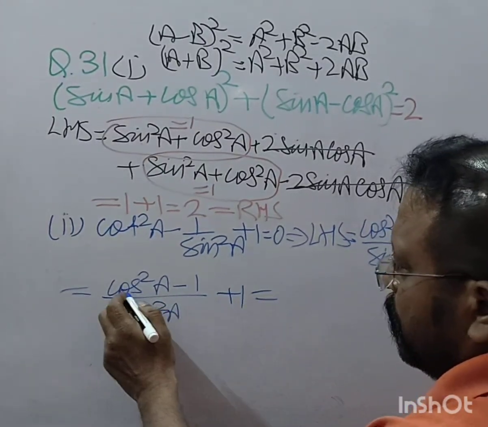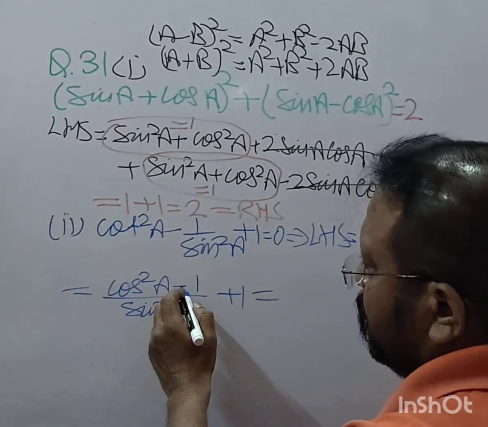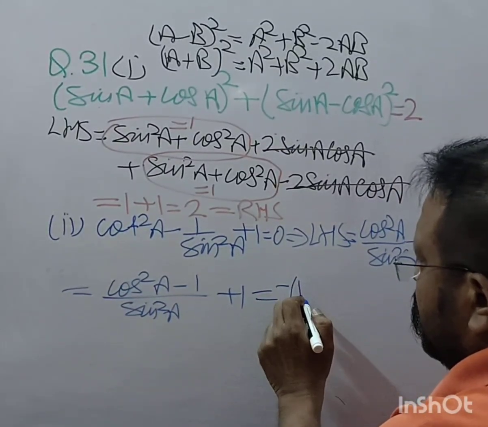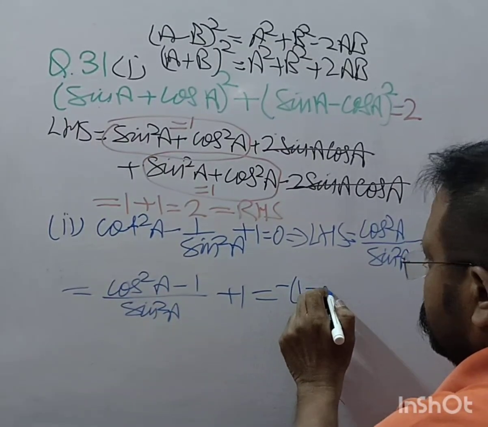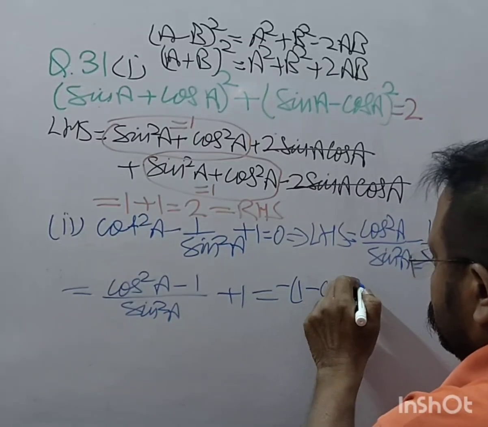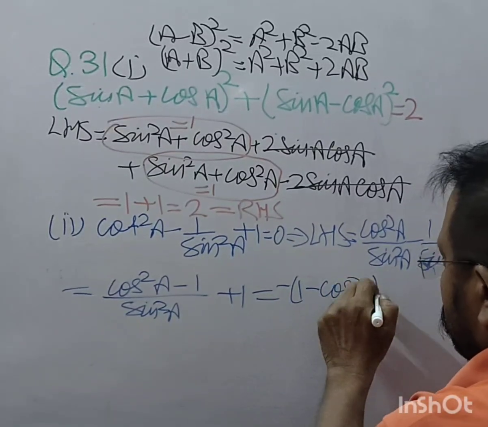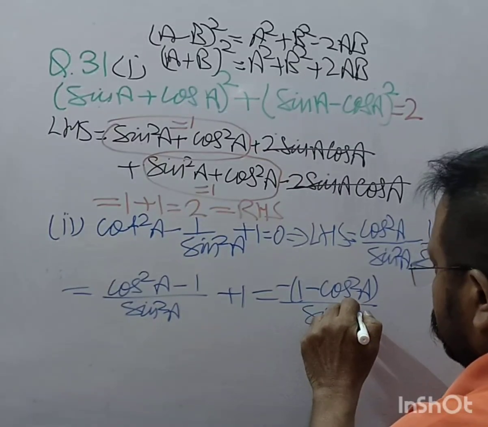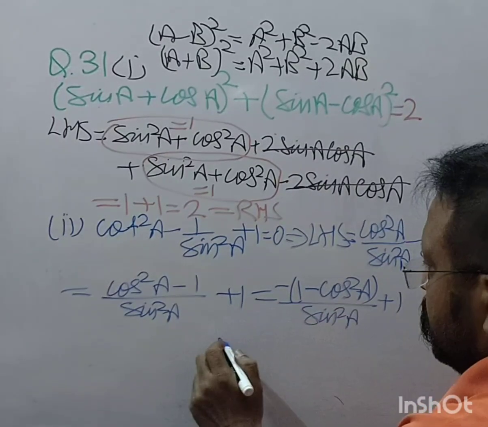So what we do here is take minus as common. It becomes 1 minus cos square A upon sin square A plus 1.